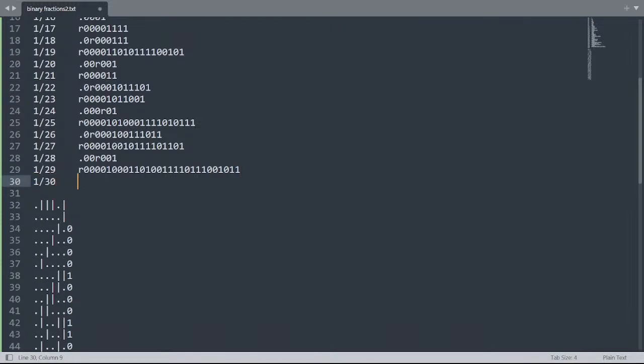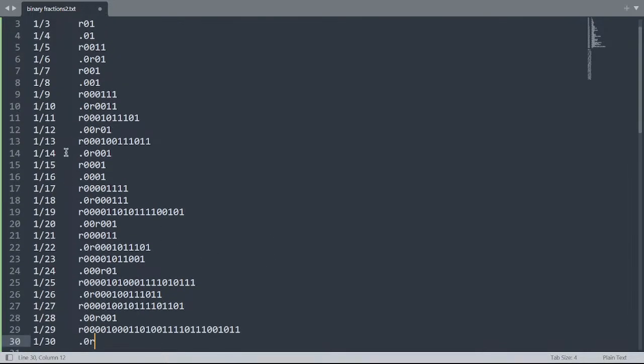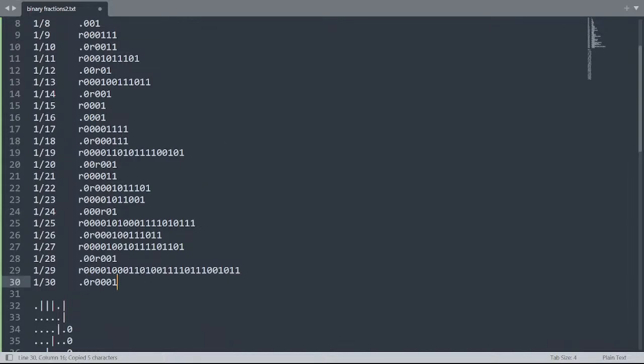So next we got 30. What's 30? 30 is actually twice 15. So 1/30th is half of a 15th, which is this. So we can put that in here. That's 1/30th. Now we get our funny tricks again because we're approaching a power of 2. 1/31th is 0.000, because this is 1 in base 32.